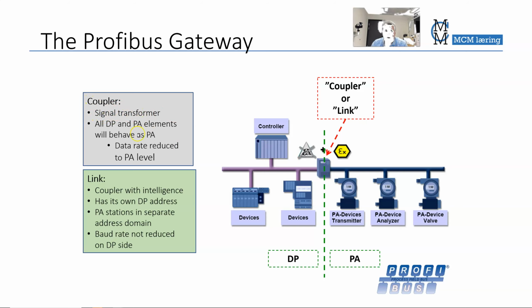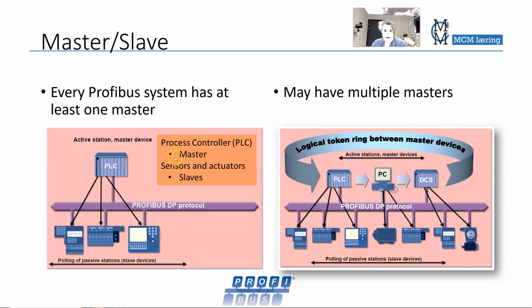That's a simple version, and that means that the slow communication makes the fast network equally slow, while a link is able to buffer data, so it can receive fast information and distribute the data in a slower format, buffering it in order to get it through to the other side. So the link is more advanced, a bit more expensive than the coupler.